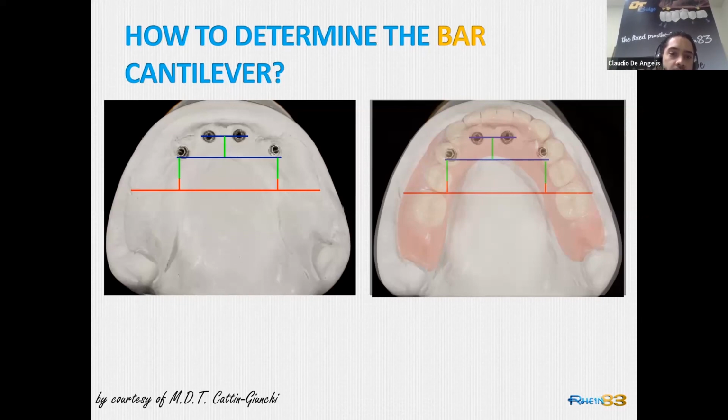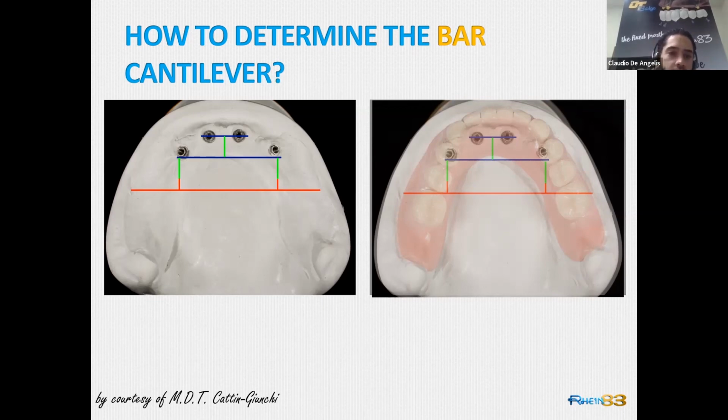Basically, you trace a line between the most frontal implants, and you trace a parallel line at the last implant. Those two lines need to be parallel between them. You investigate the amount of distance between the two lines. You can see it in green.